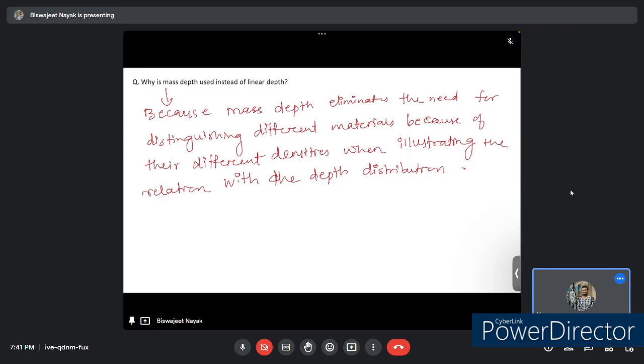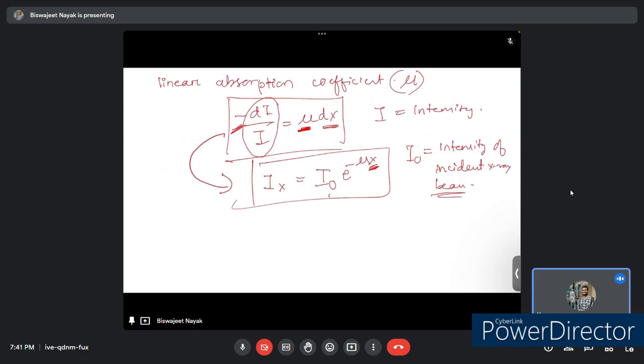So it's totally dependent on what type of specimen we are using.